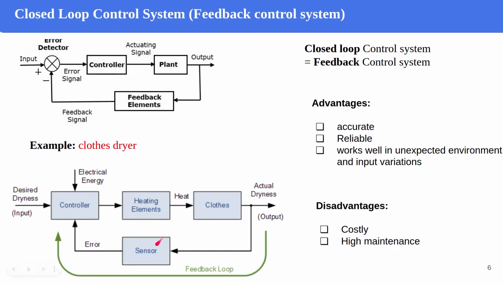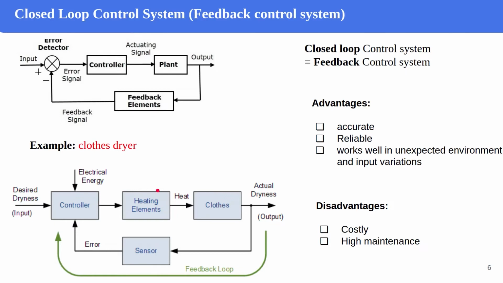Even if the operator sets the time like 15 minutes, the dryer will not stop until the clothes are completely dry. Even if it takes more or less than 15 minutes, because here we have a feedback loop, and this feedback loop always sends the wetness of the cloth by a sensor, and it sends the signal to the controller here and compares each time with the reference value or desired value, and stops the dryer when the clothes are dried completely.